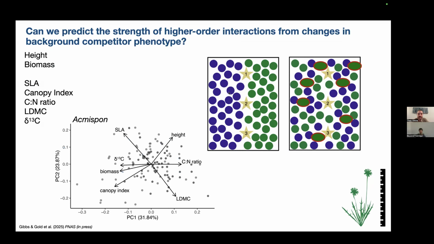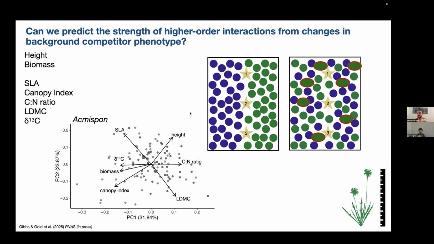Then we put all of these functional traits and performance measures into PCA so we can kind of quantify the overall phenotype of a given Acmosmon individual, say, in the background. And then just by measuring how much along, say, the first PCA axis these phenotypes moved when comparing the cluster to the mixed environments, we come up with an overall metric for how phenotypes shifted as a result of spatial aggregation, right?